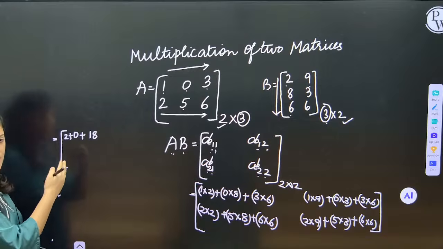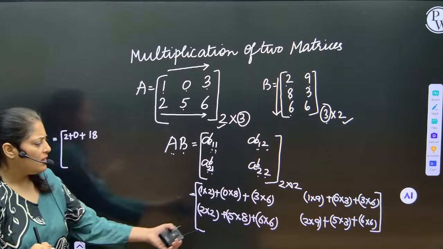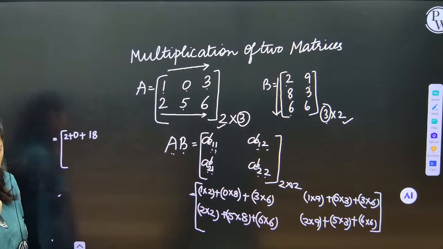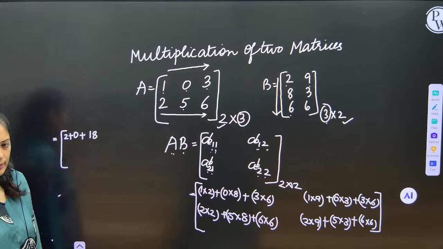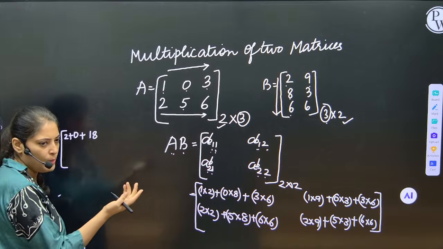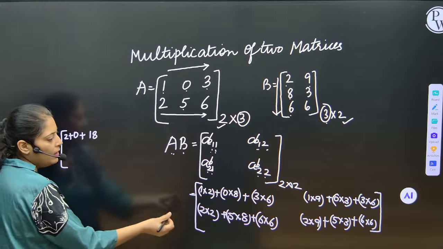Of course, this step you can skip, but when you are through with the concept, after doing so many questions, this step is not needed. We can write it directly also. Okay, this we can do in our mind, but it depends where you are writing. If you are writing it for CBSE, then you have to perform the steps. You have to write the steps also.